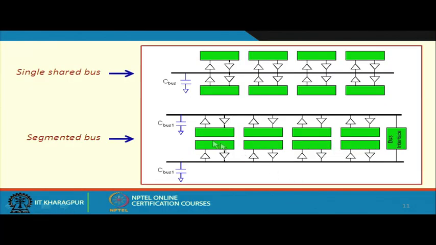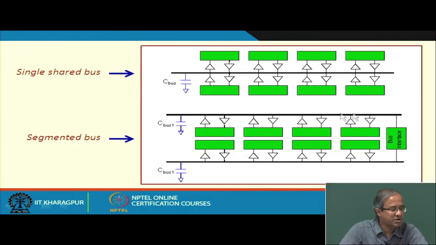So, obviously, we will be doing this bus partitioning by looking at the data transfer requirements. So, most of the data transfers that are taking place, you want to put them into one bus. Between buses, number of data transfers will be less, that is the idea. Now, if we do this, first thing is that the size or length of each bus will be less because it will be connecting less number of modules.